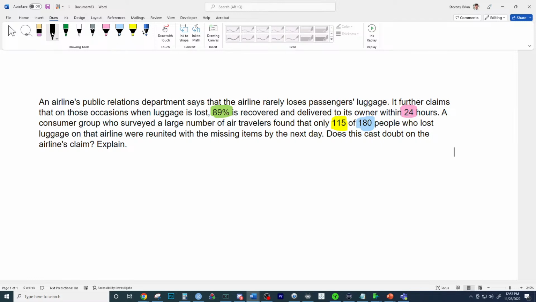I know how this problem goes and I know what I want to write. P0. And then make sure to do that as a decimal or as a percent.